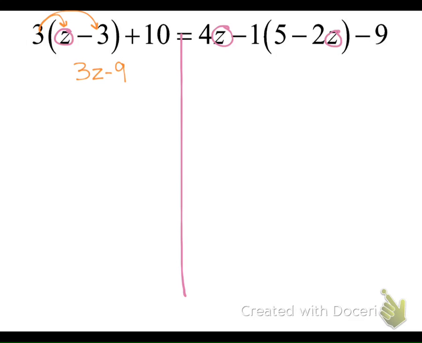Then plus 10, drop down. And then drop down the 4z. And then negative 1 times 5 is negative 5. And then negative 1 times negative 2 is, no, positive 2. Okay, good.